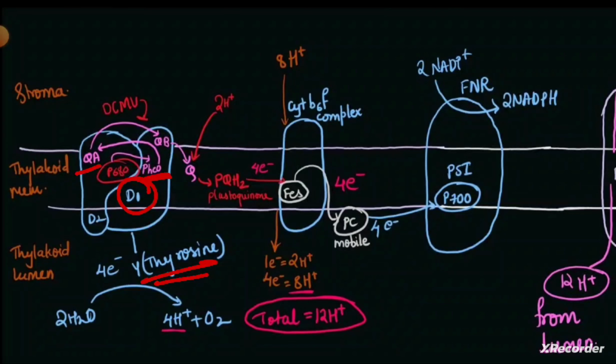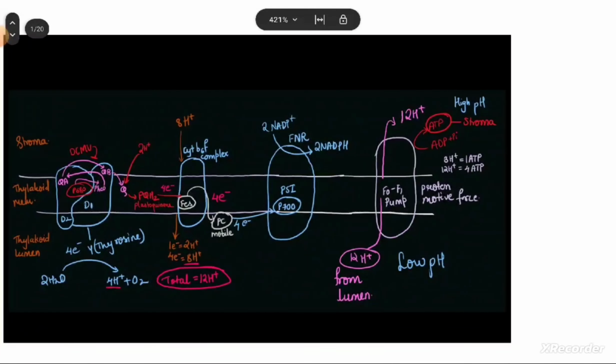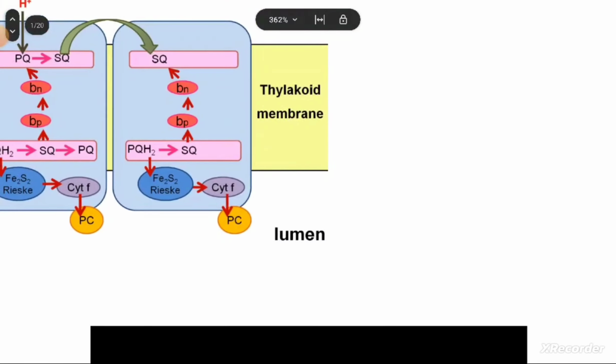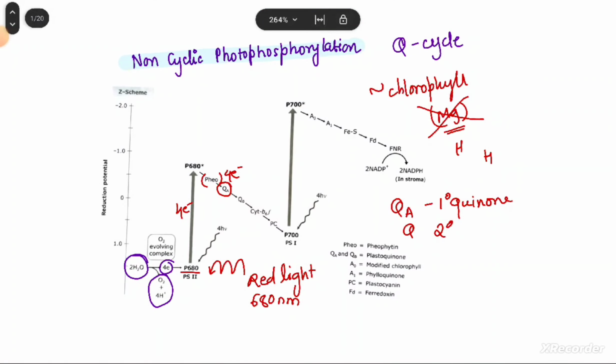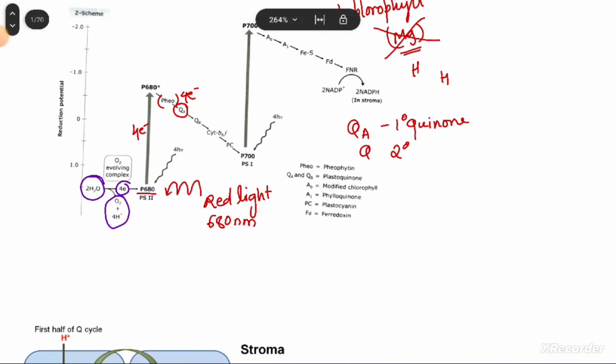Now QA is a part of D2 protein. QA later passes on those electrons to QB, which is the part of D1 protein. And that's how we enter the Q cycle. Then we'll continue with the Q cycle. But before that, let's understand the further two components there.